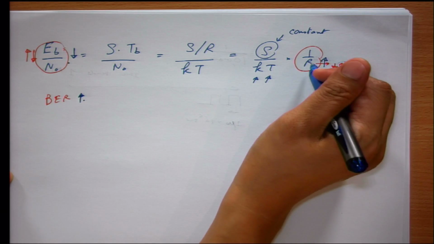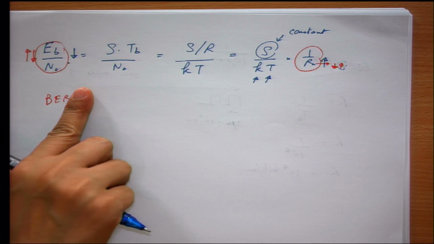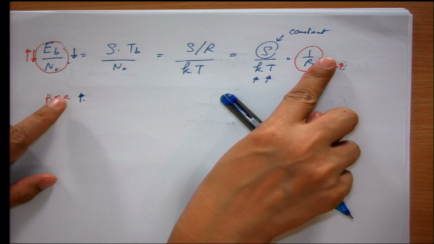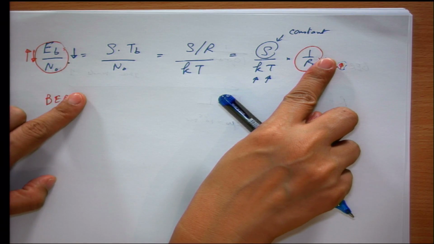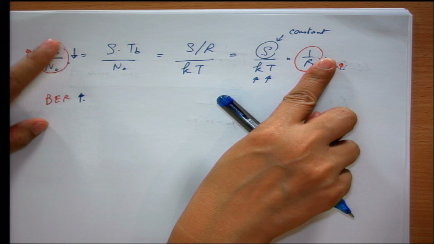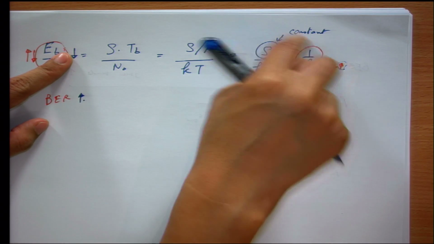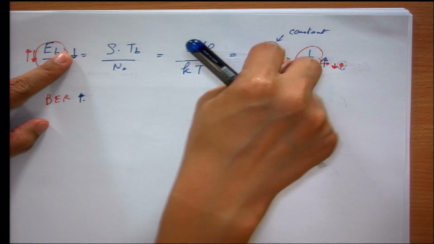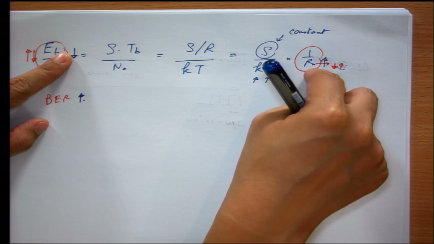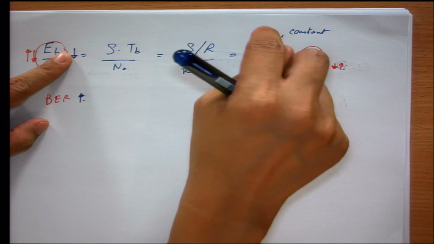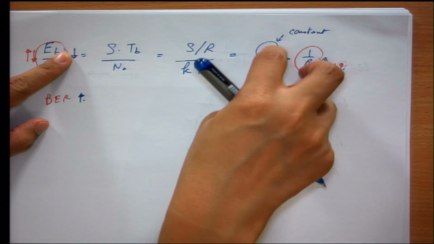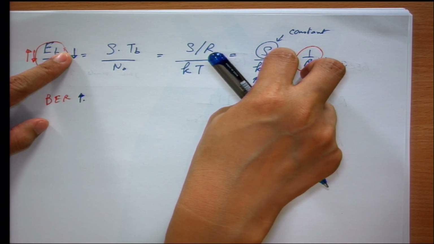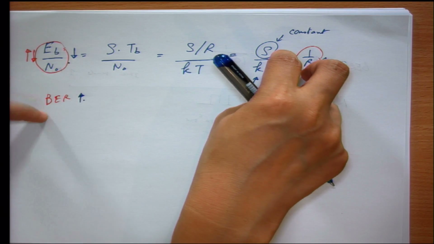But if you increase R and you want the bit error rate to be the same, it means that you want Eb over N0 to be the same. Then you have to increase the signal power. If you double R, you have to double the signal power to make the ratio the same, so that Eb over N0 will be the same and the bit error rate will be the same.